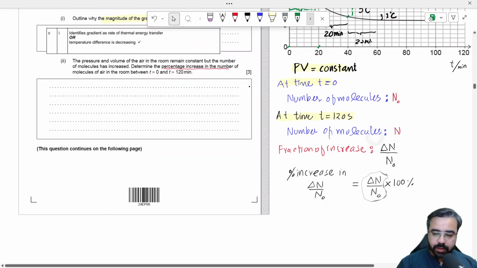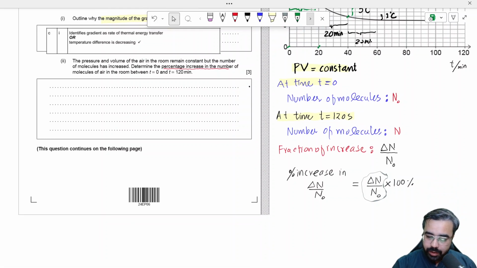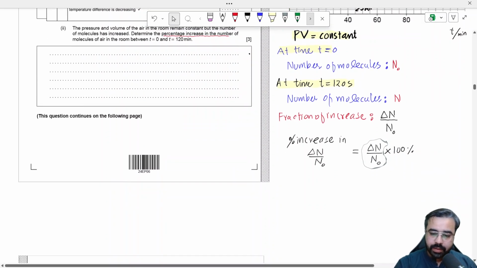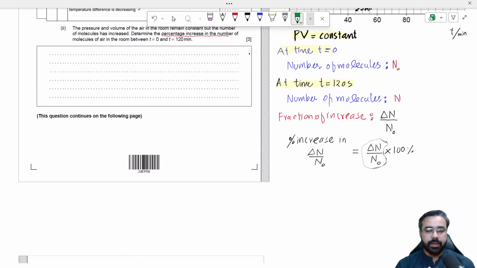Let's talk once again about the pressure and the volume. They said that they are the same. So if the pressure and the volume are the same, and we want to find the fraction of the increase of molecules, we should use the equation for an ideal gas which links pressure and volume with the number of molecules.